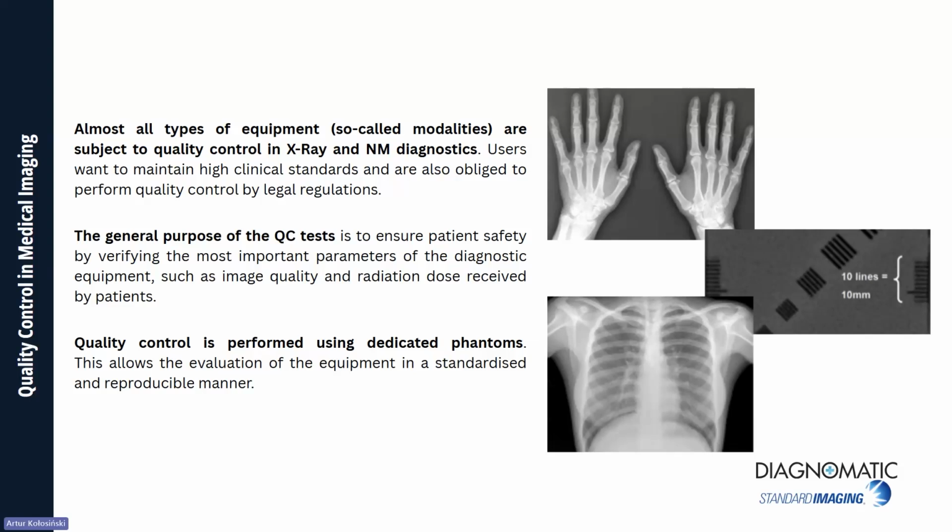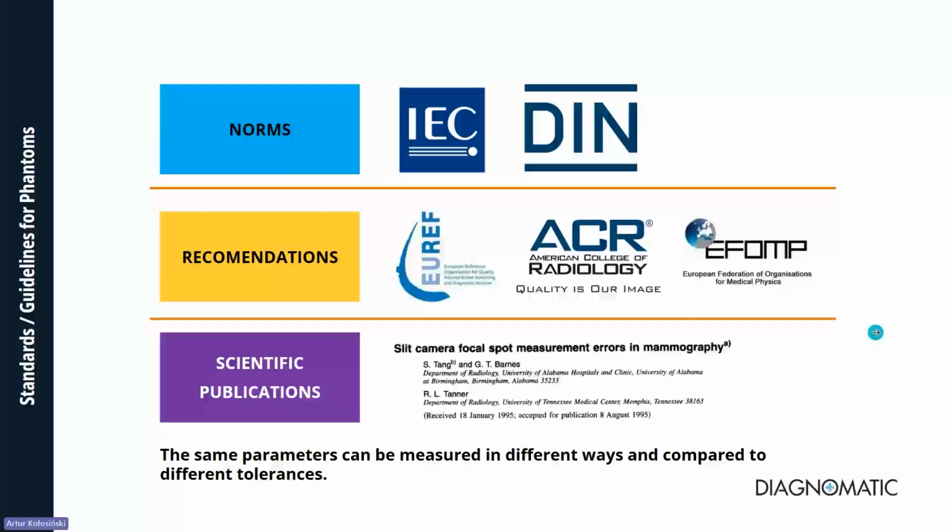Quality control is performed using dedicated phantoms, and this allows us to evaluate the equipment in a standardized and reproducible way. We can measure the same parameters in different ways, with different tolerances, and norms like DIN or IEC norms describe what kind of parameters we should measure and what the tolerances are.